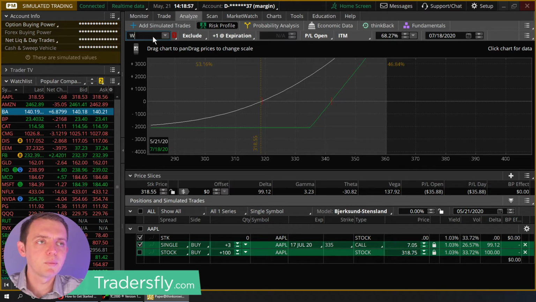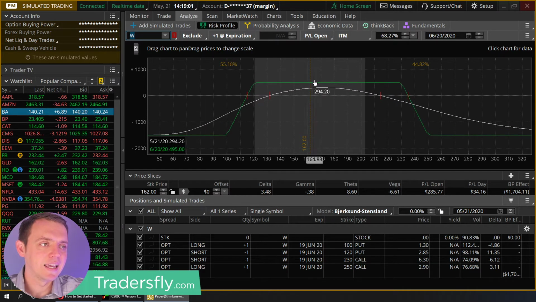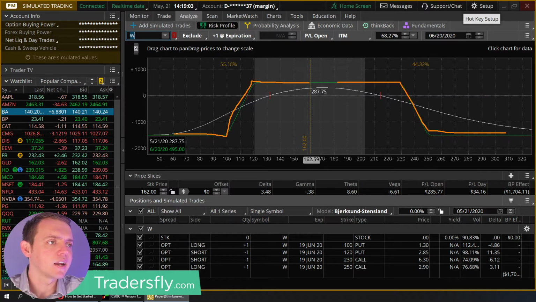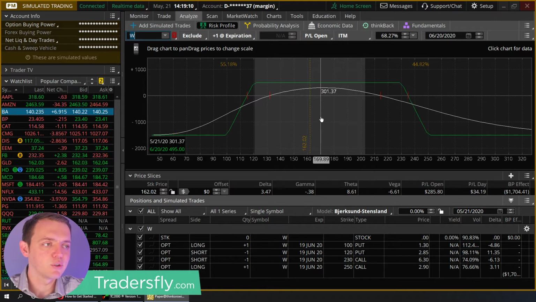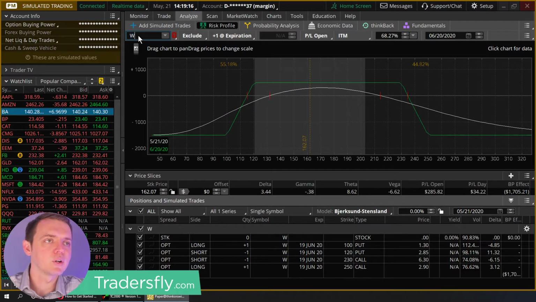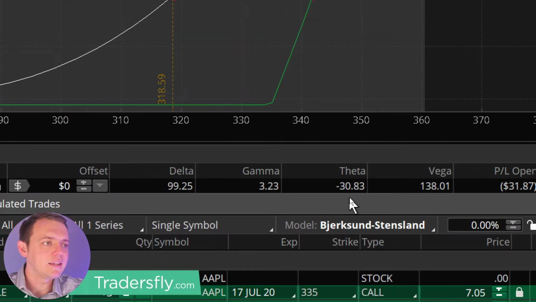So what we do normally when I work with people is we talk about net selling. And this is called an iron condor. You can see we have two vertical spreads here. And in this setup, we have time value that works in our favor. So you can see here I've got a theta of positive 8.62, whereas when you look at our Apple situation, here we've got a negative 30.